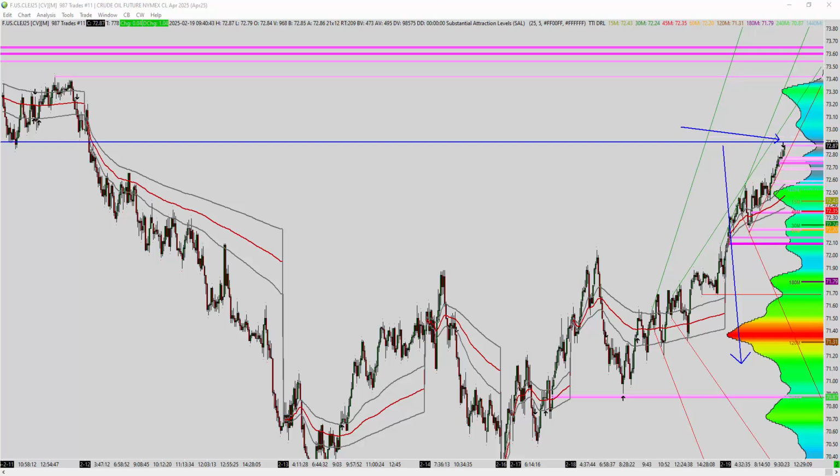My last target was only about 60 ticks or so, which was 72.50, which I indicated. I told everybody it could go lower, which it did, but I don't trust it. Therefore, I will scalp my first target. I think I scalped 20 ticks on the first target, or 17, 18 ticks, something like that.